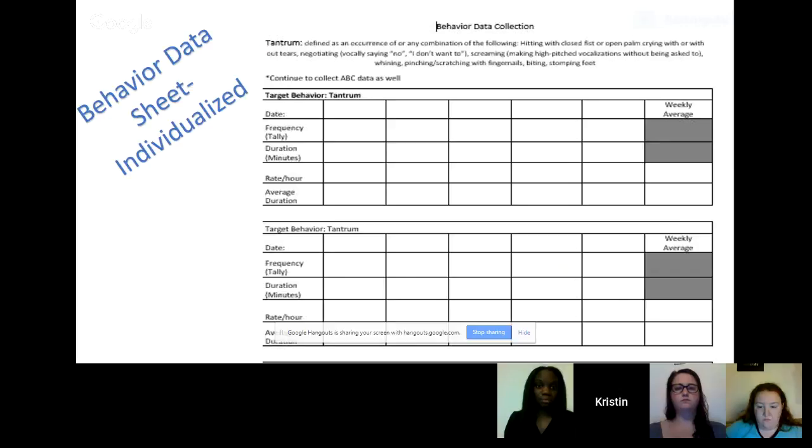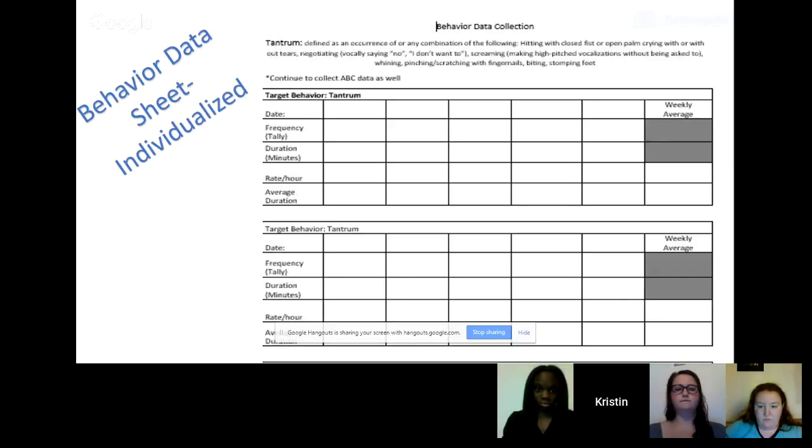This would be something that you would actually use after a functional behavior assessment has already assumed what the function of the behavior was. But it's kind of similar because you would still have the date, you would still have the duration of the behavior.